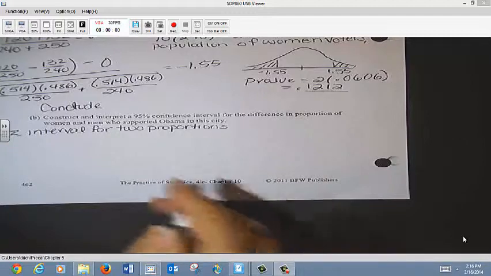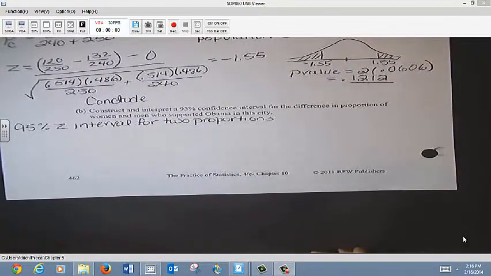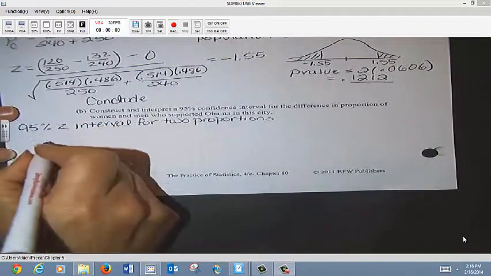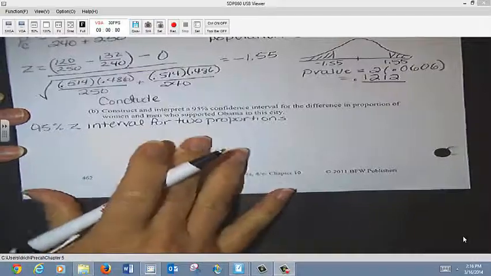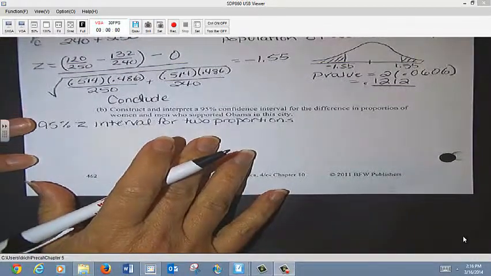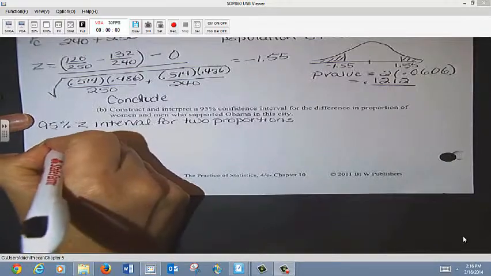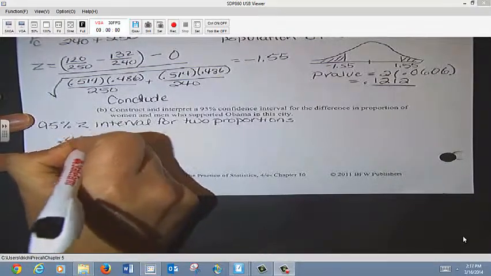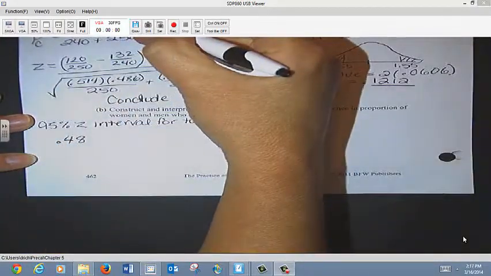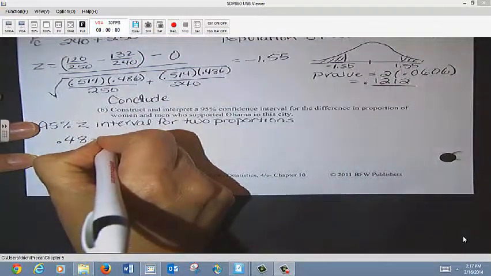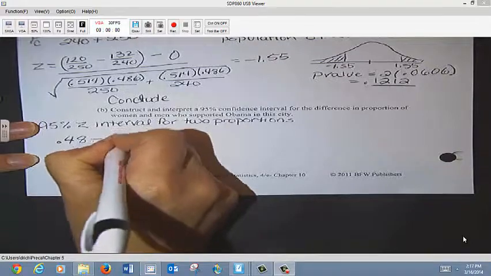And to do it, remember, for a confidence interval, we're going to first do the statistic, which in our case is 0.48, which is just your p-hat male, minus 0.55, and that's your p-hat female here.